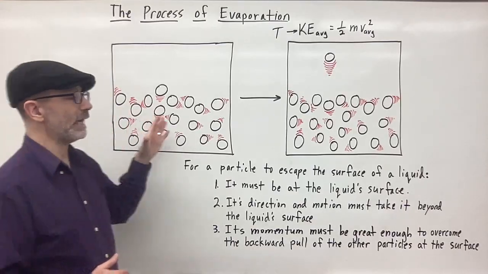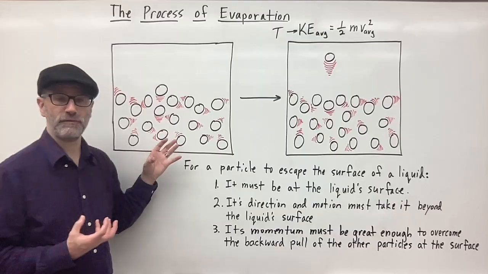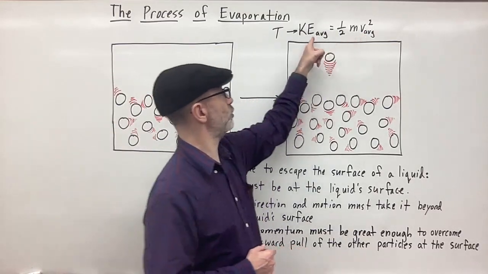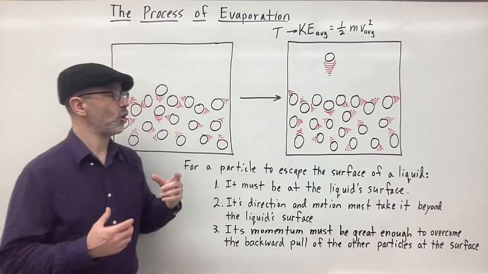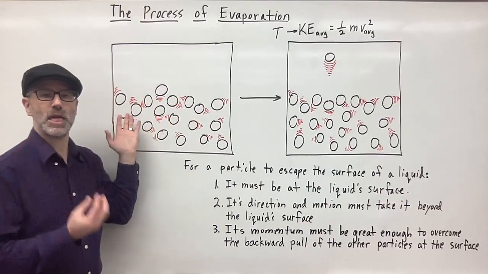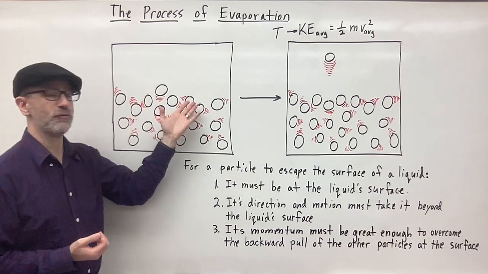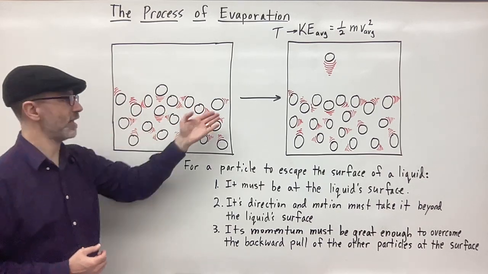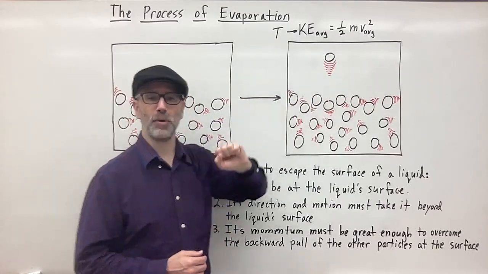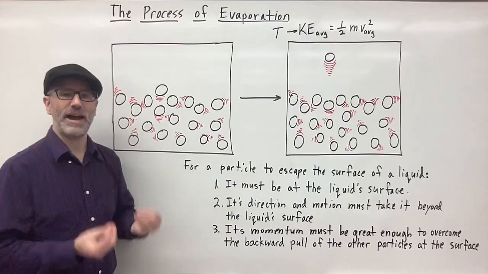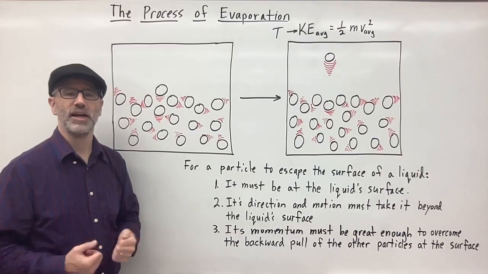Well, if the particles are moving fast enough, right? And again, remember, speed is related to average kinetic energy. So the faster particles, the ones that have enough kinetic energy at the surface to overcome those attractive forces and then become vapor, well, the liquid that's left over is losing those faster particles, right?